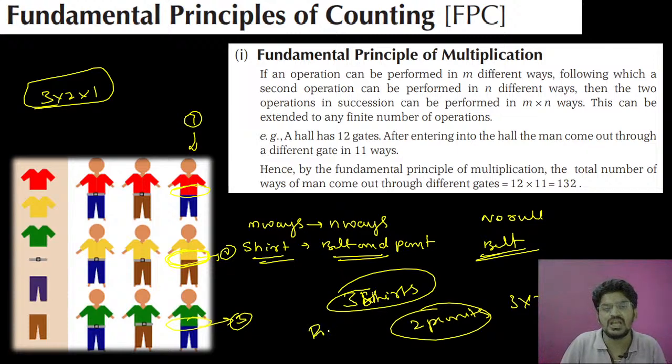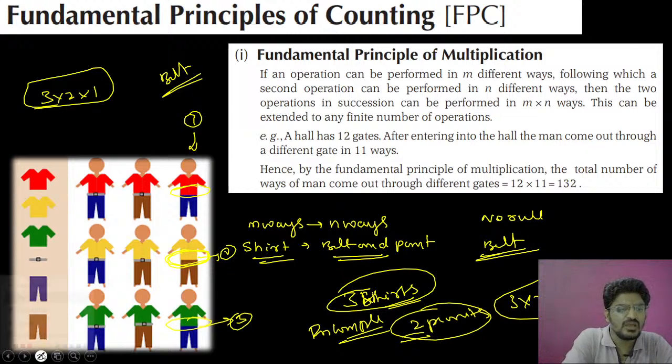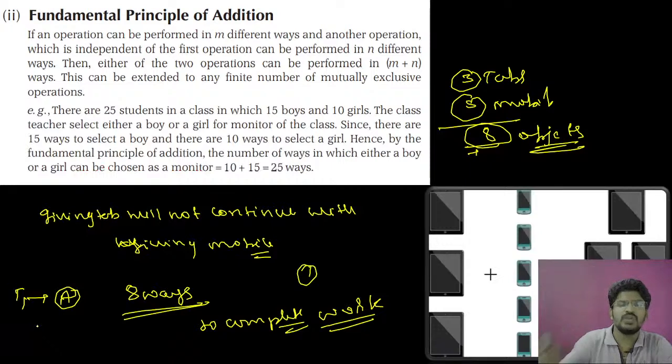This will be incomplete. But without belt also he can finish his dressing. Are you getting my point? Think practically. Okay. So here you got 9 ways. Clear? In the same way you can come here.